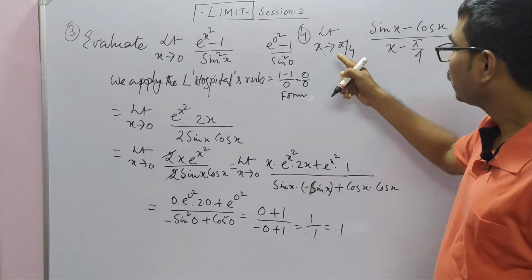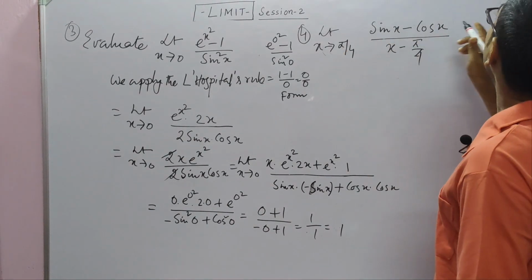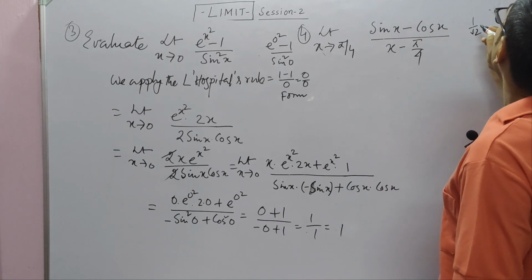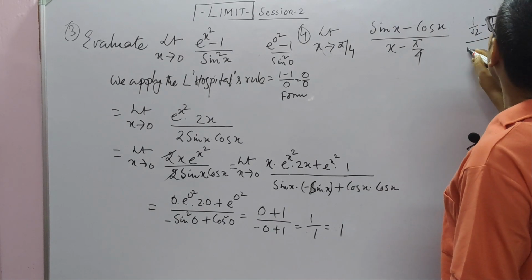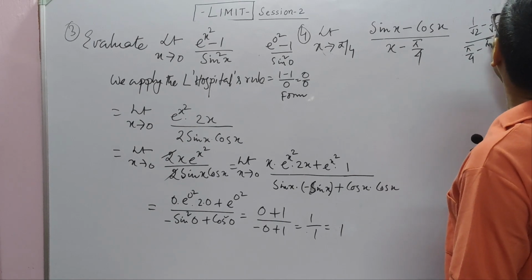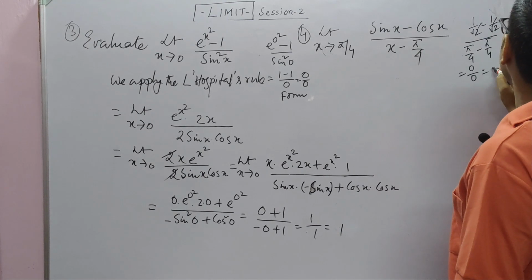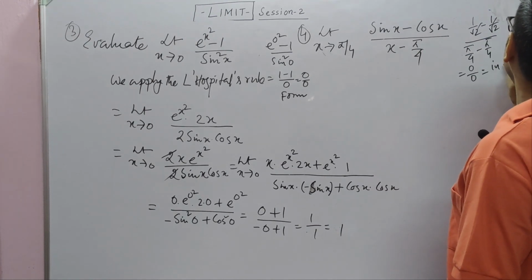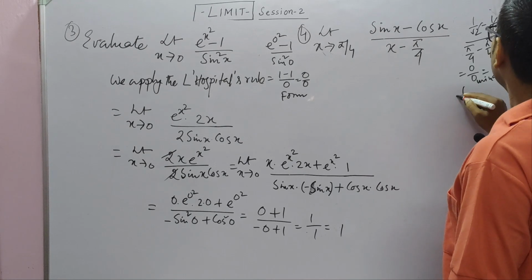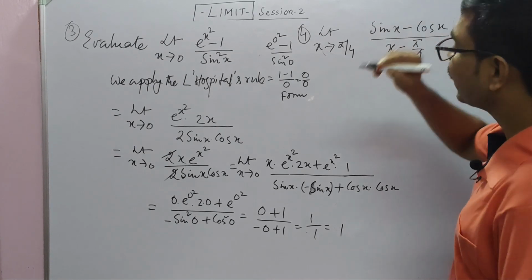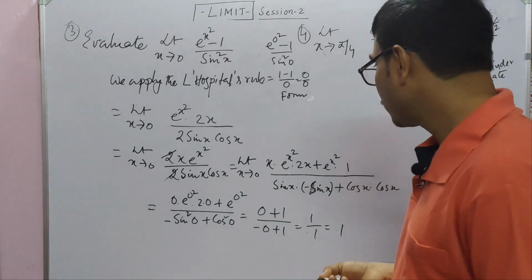Now see, x equals pi by 4: sin pi by 4 is 1 by root 2, minus cos pi by 4, 1 by root 2, and pi by 4 minus pi by 4 is 0, so it is 0 by 0 form, which is indeterminate. Now we apply L'Hopital's rule.